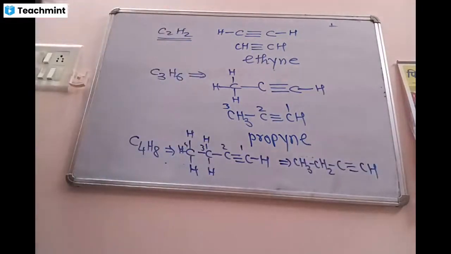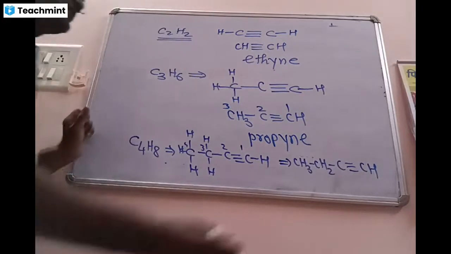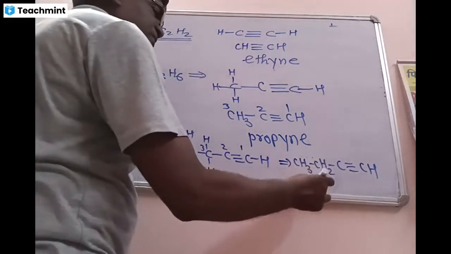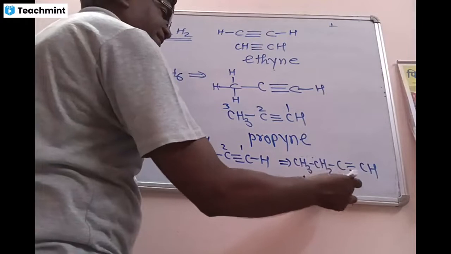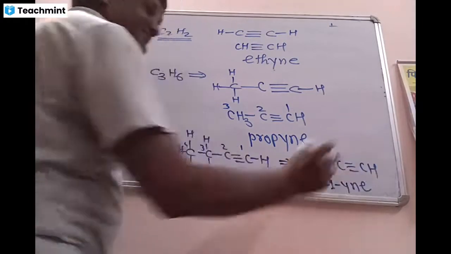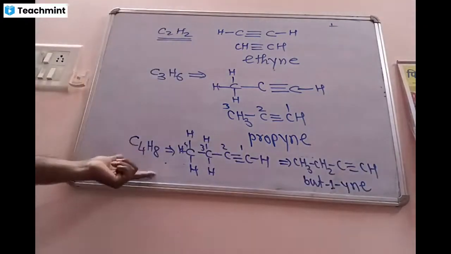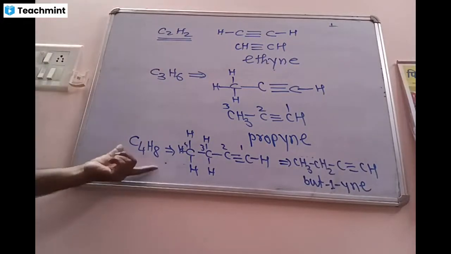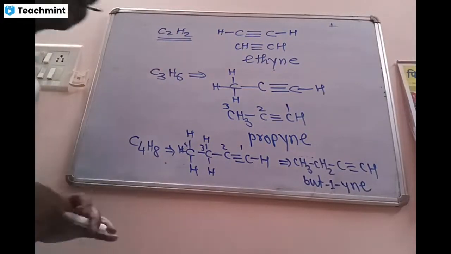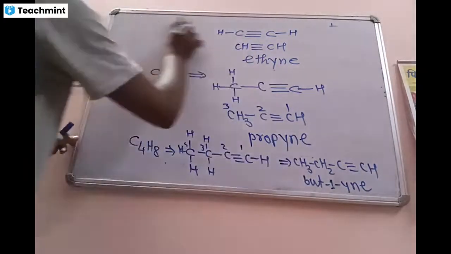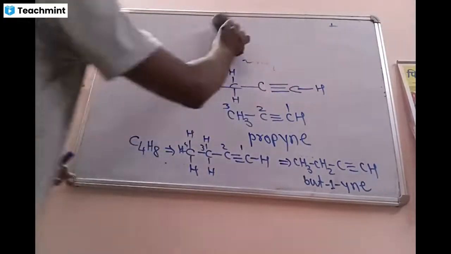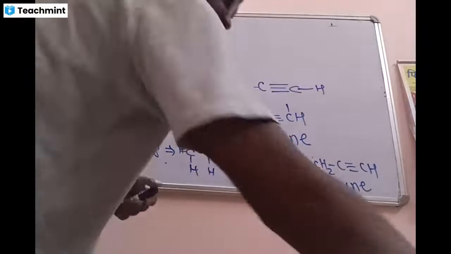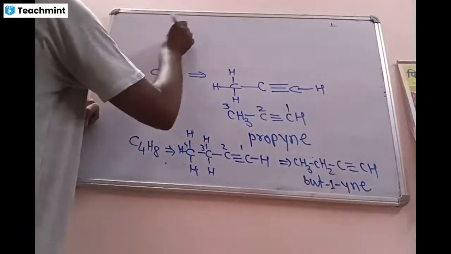So what should be the name? Butane, but 1-YNE, because I can write the same formula with a different structure. This compound will exist in different structures. See here, 4 carbon atoms are there, and I have to place a triple bond between them, like this: 1, 2, 3.